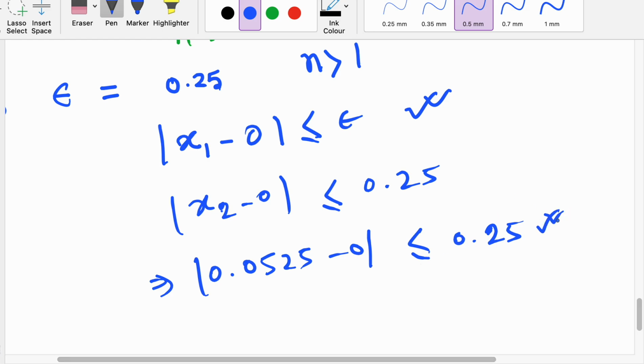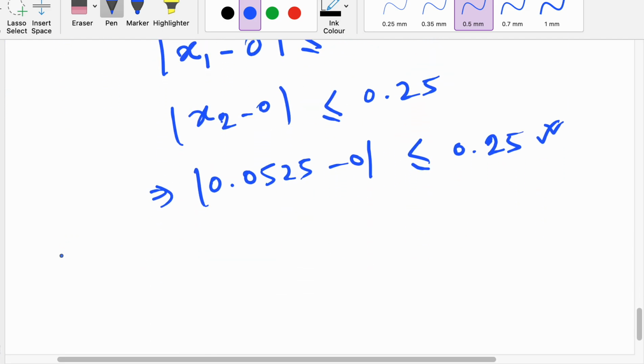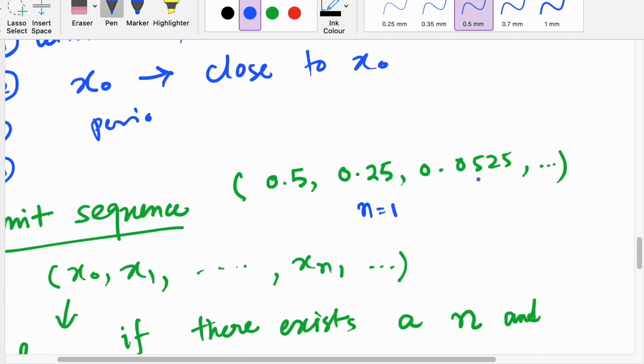Now if I say no, I don't want epsilon equal to 0.25, I choose smaller than that, say 0.0001. Then you have to iterate this. Suppose after n equal to 10 the iterate becomes 0.00005.